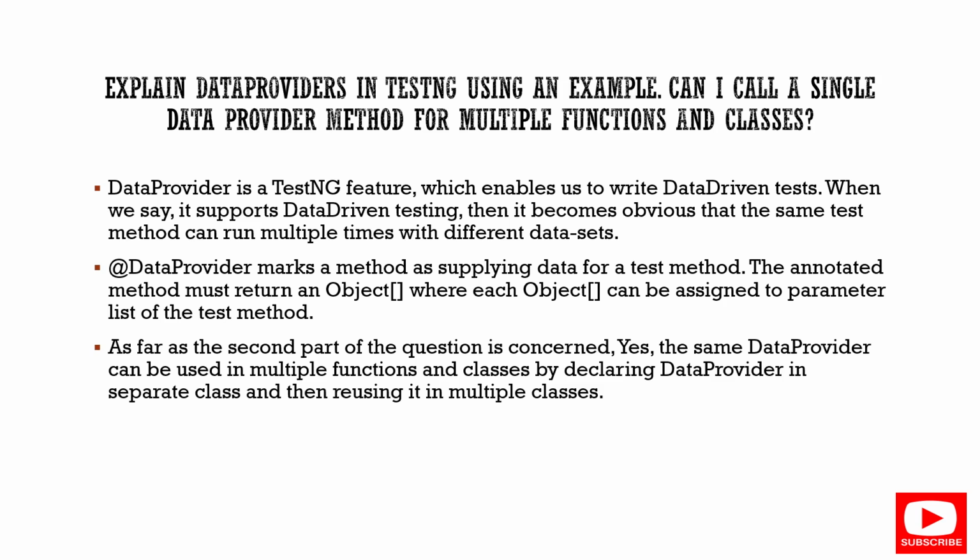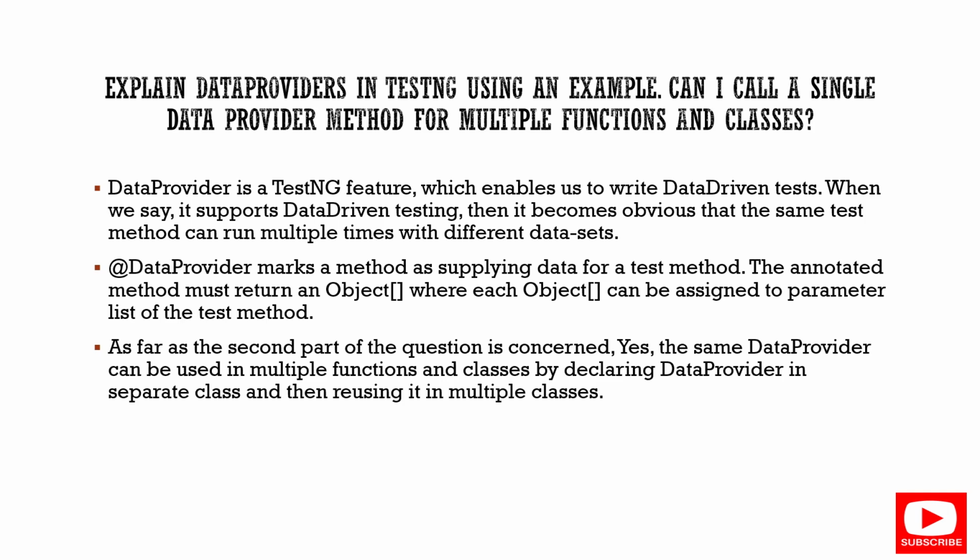It's like reusability in the page object model, where you declare all the web elements in one package and call them in the actual test case. Similarly you can do this for multiple functions and multiple classes with the data provider.